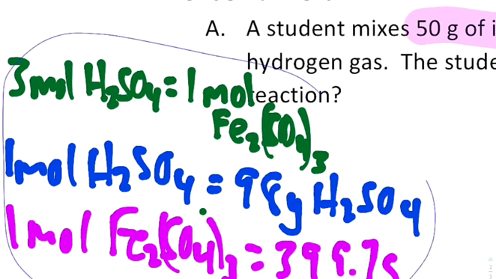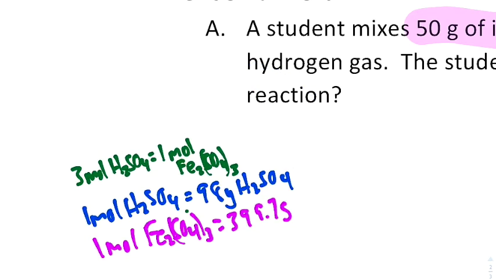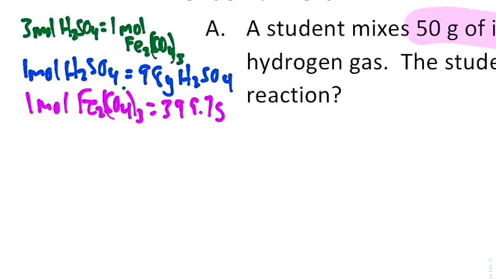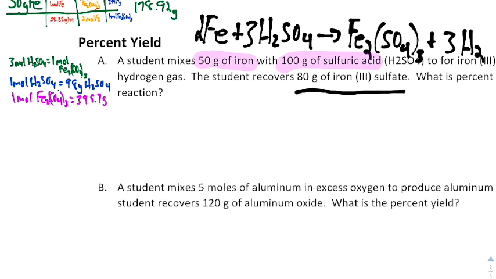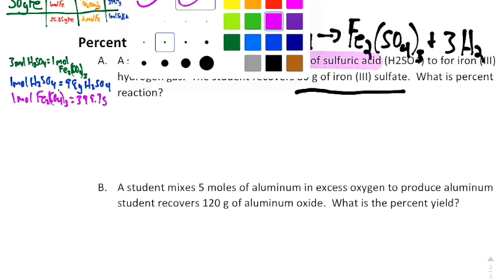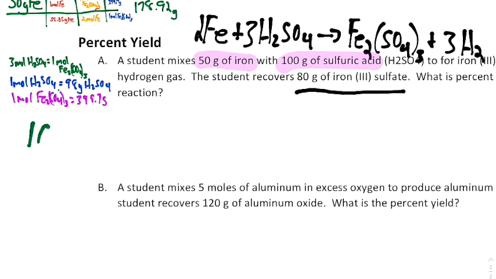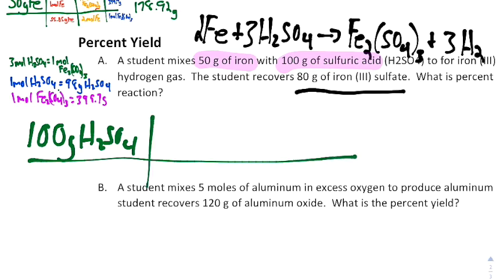Okay, so now we have our conversion factors. We can go ahead and convert these. Starting with what our problem gives us, it gives us 100 grams of sulfuric acid. So we'll start with that: 100 grams of H2SO4. And then all we have to do is convert again.